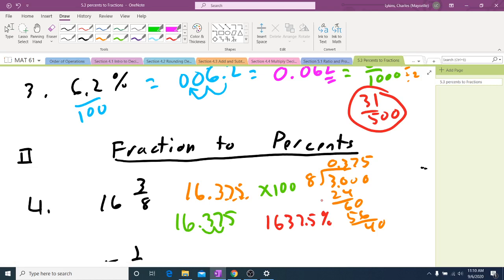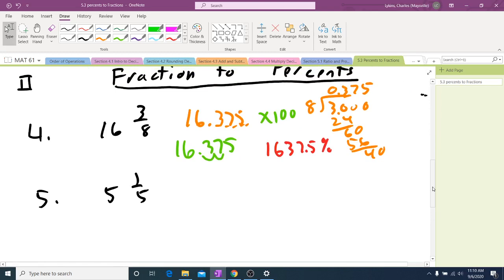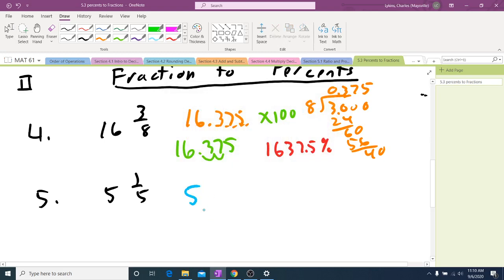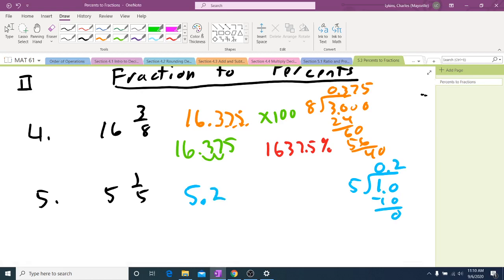Okay, my next, let me scroll down a little bit, is 5 1/5. Okay, so we're going to start off with a 5. Now I'm going to do point what? Well, 5 goes into 1 0 times, but then 5 goes into 10 2 times, with 0 remaining, so it's 5.2.